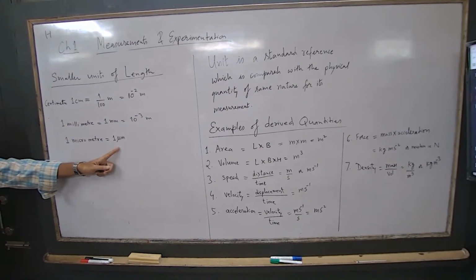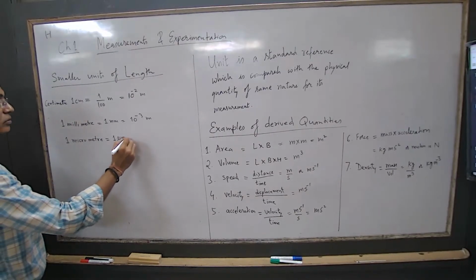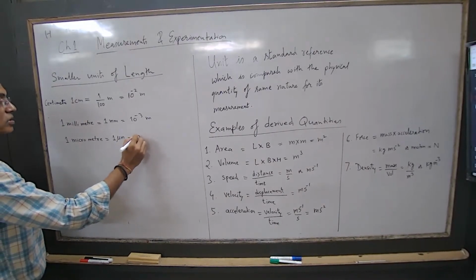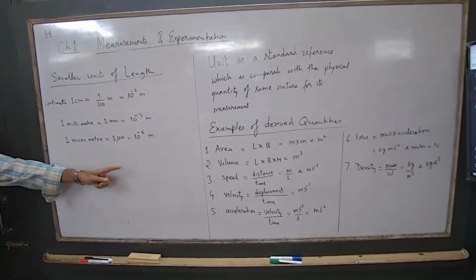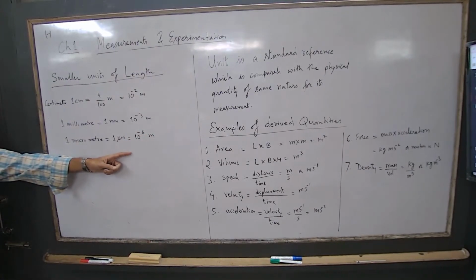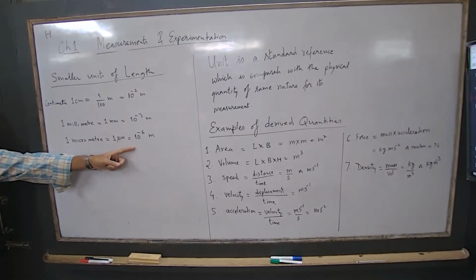So micrometer. Which part of the meter is this? One millionth, 10 lakh. Divide a meter into 10 lakh parts, take one part. So this is very small, right?